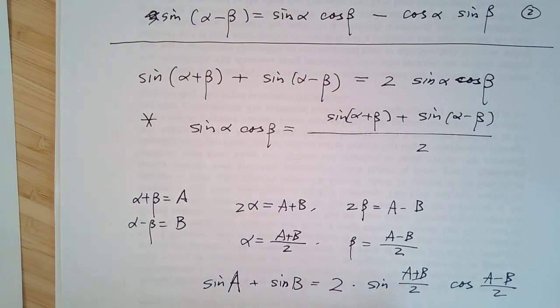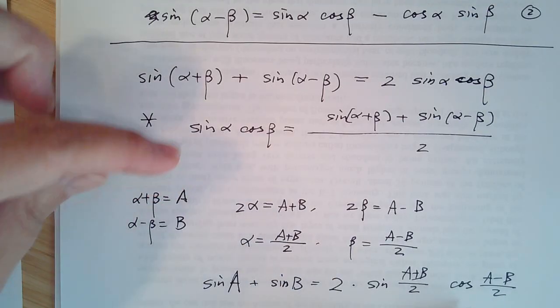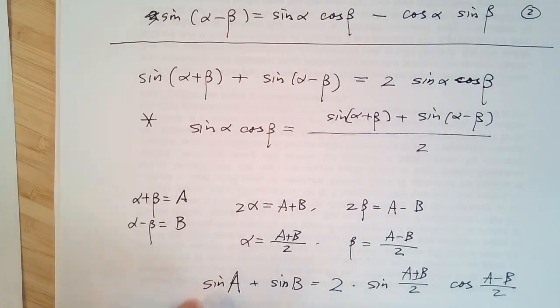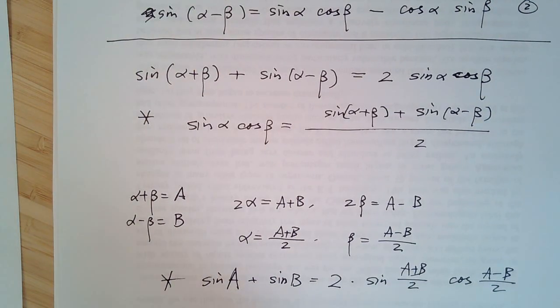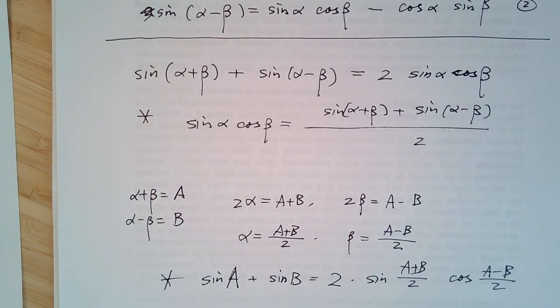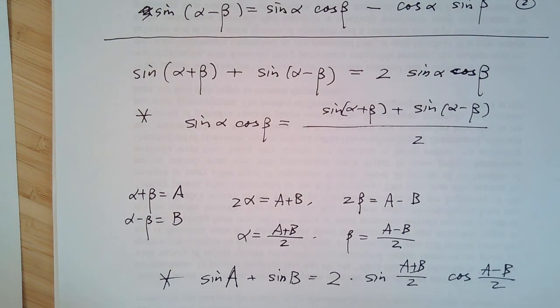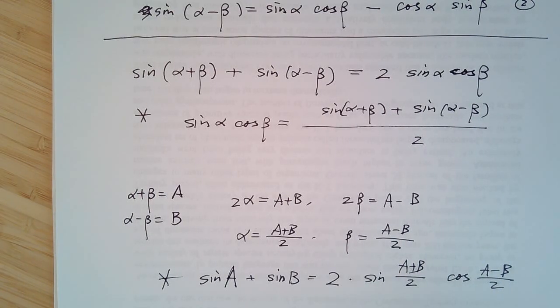Sine plus sine becomes a sine times a cosine. So this is the product to sum. This is the sum to product. Okay, so this means that we can derive all those formulas from the sum and difference formulas that we have in the earlier session.